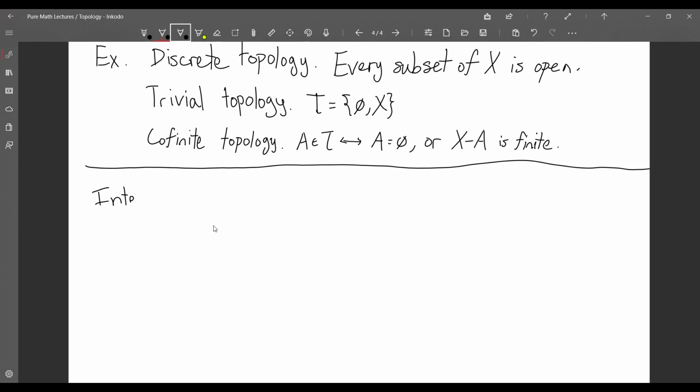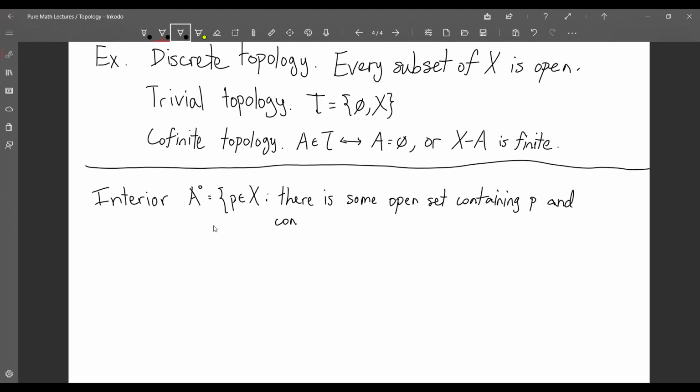The first and most important one, well, I would argue it's not as important as something called the closure, but we'll get to that next time, is the interior, which is defined as points in X such that there is some open set containing P and contained in A.